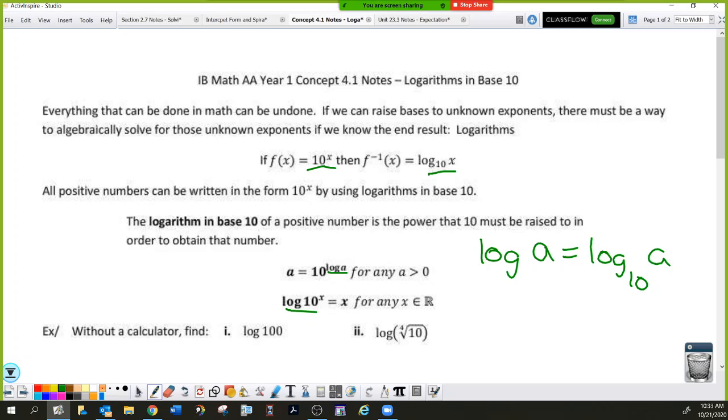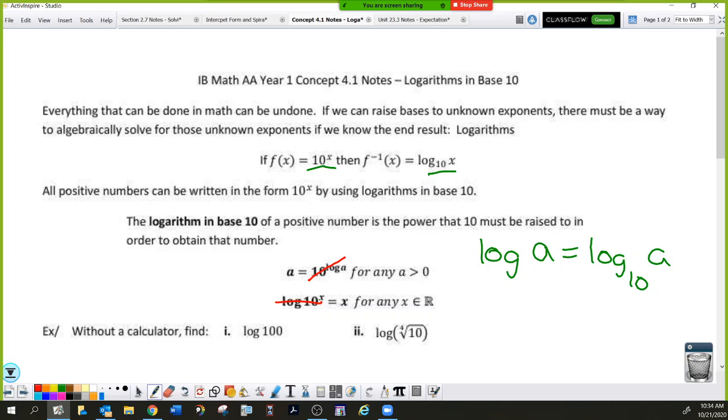What we're getting at here is that, in either order, log base 10 and exponential base 10 cancel each other out.